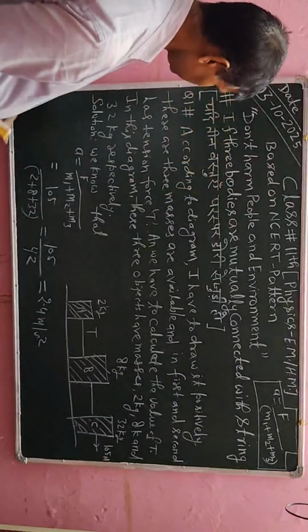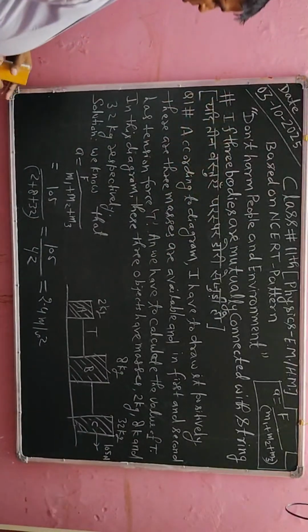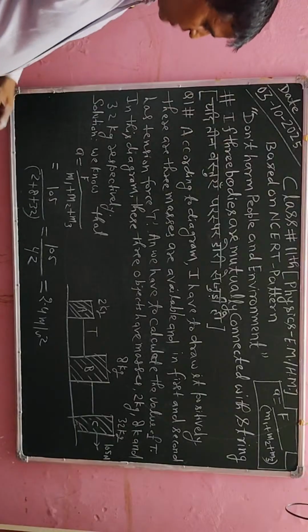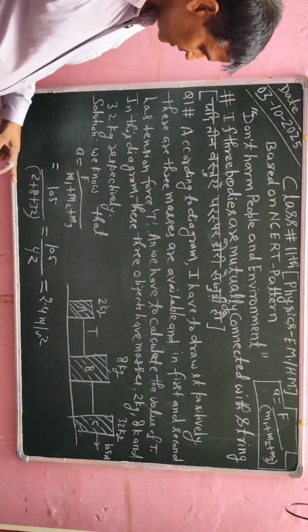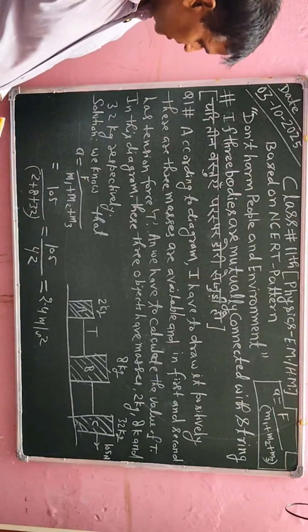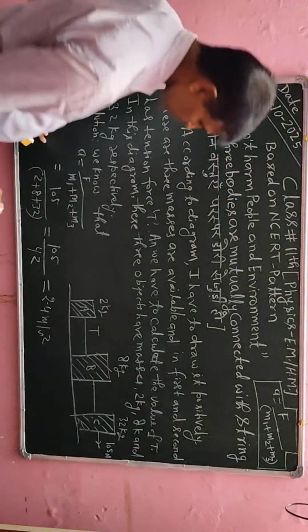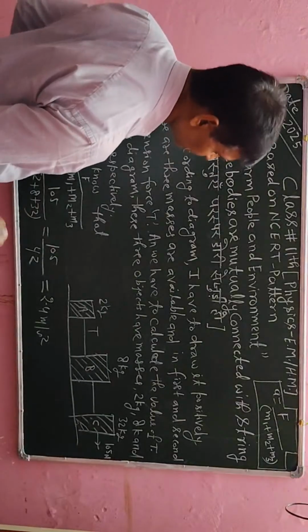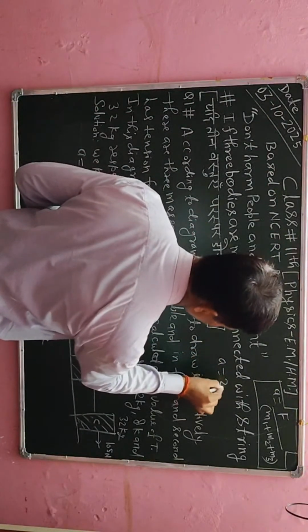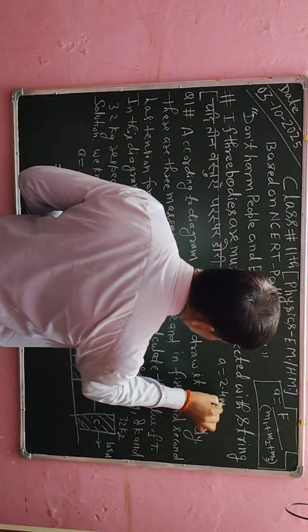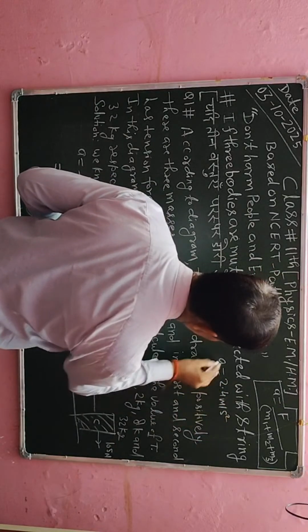So this is the value of acceleration, and I have to save it here: a is equal to 2.5 meter per second square.